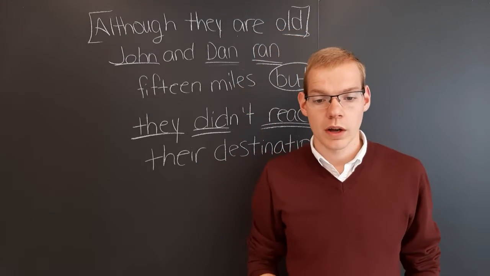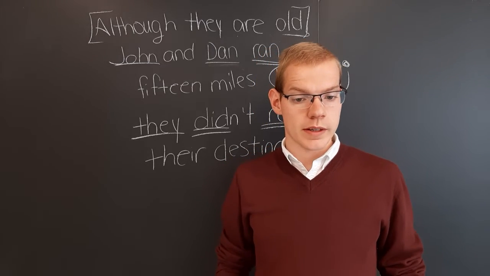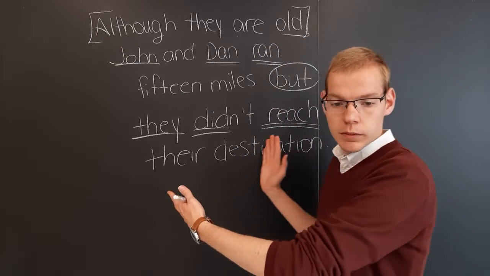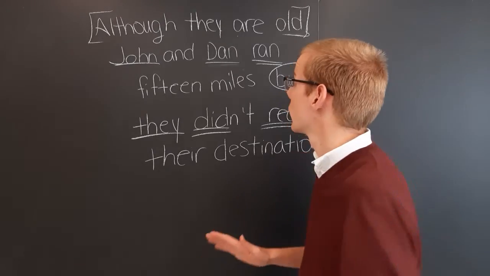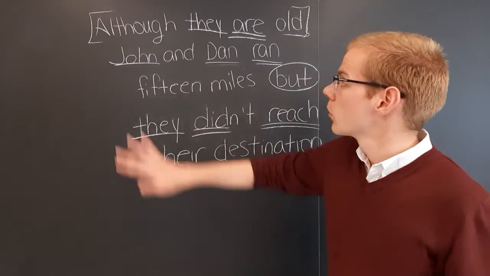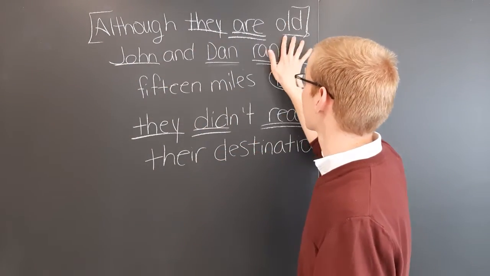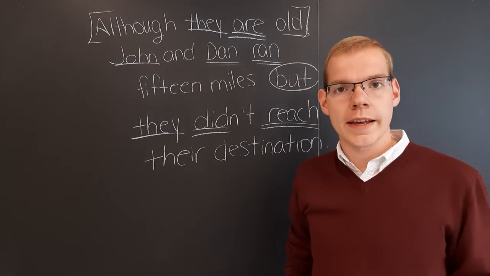Going on to number 1, it says underline the verbs twice and the subjects once, just like we did here, including those within the dependent clauses. Within the dependent would be within the actual clauses, the ones that are bracketed.